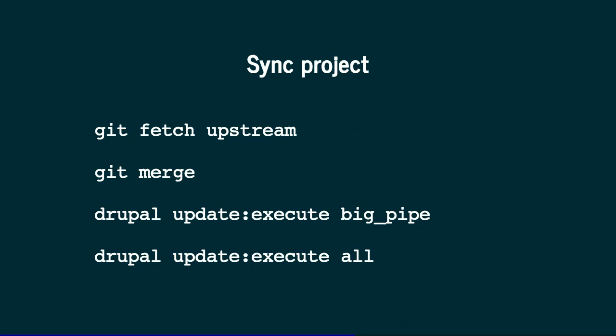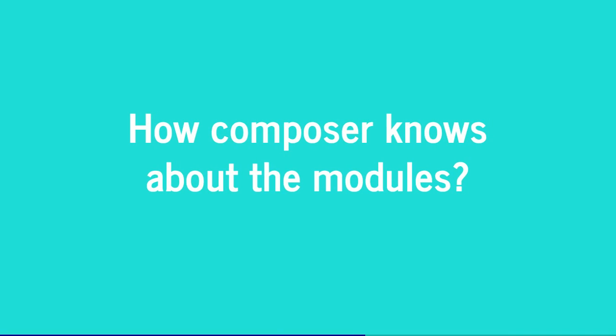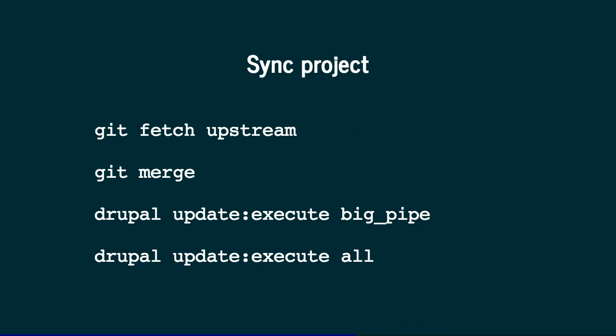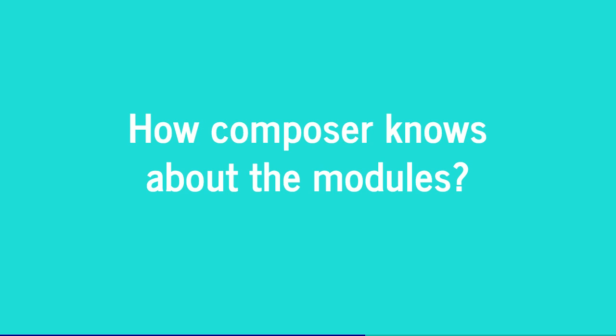Well, I need to run, sorry about that, it's missing there. It's missing composer install, because my composer.lock changes. Then run update execute to bring all the hook updates on my system, for every single module.